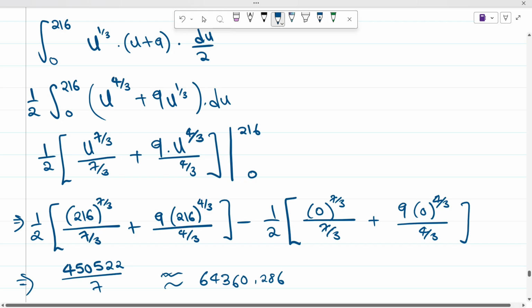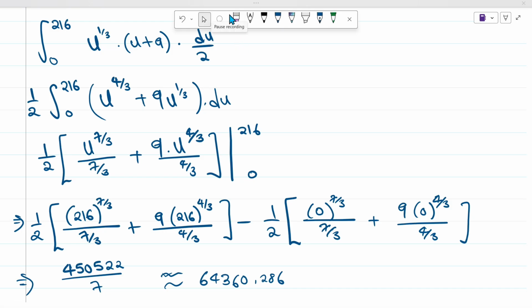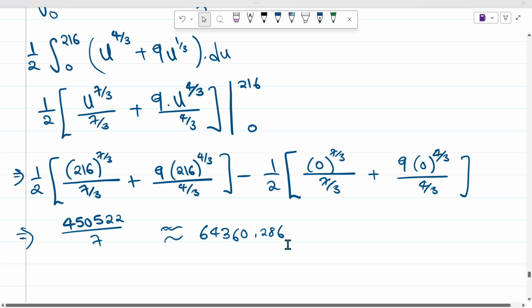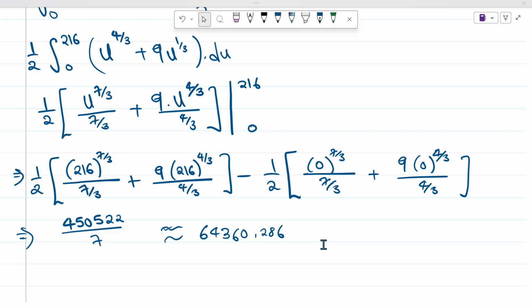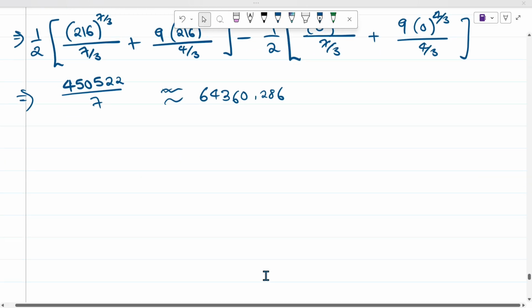So yeah, just a second guys, I'm verifying this on the calculator. So yeah, this is correct. So let's continue and solve the 3 last questions.